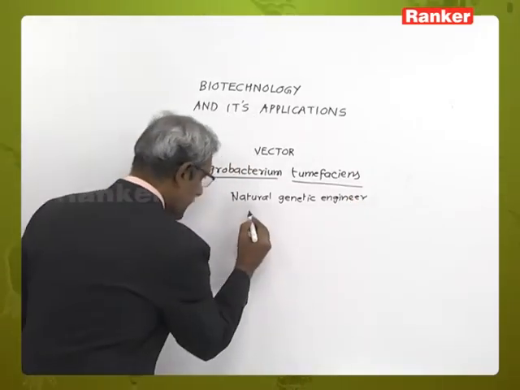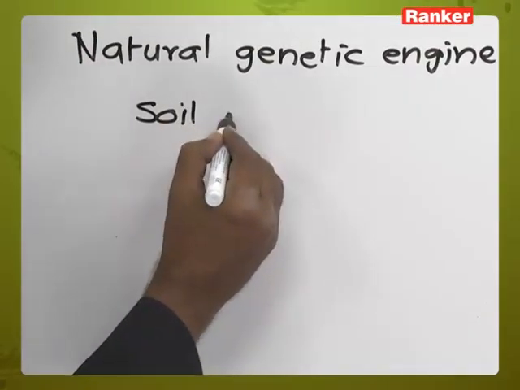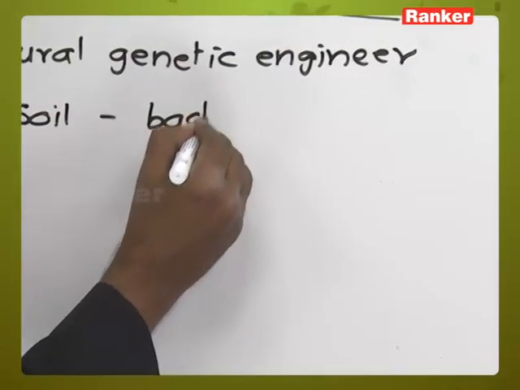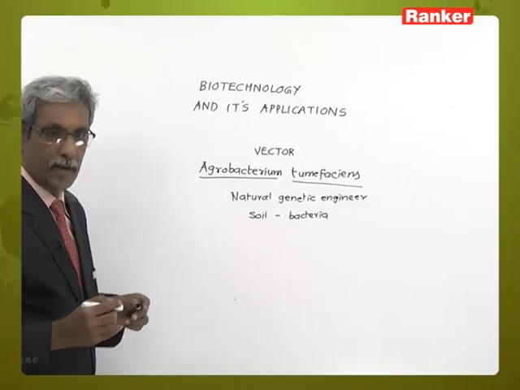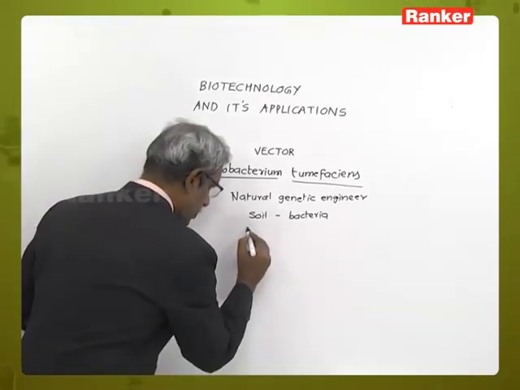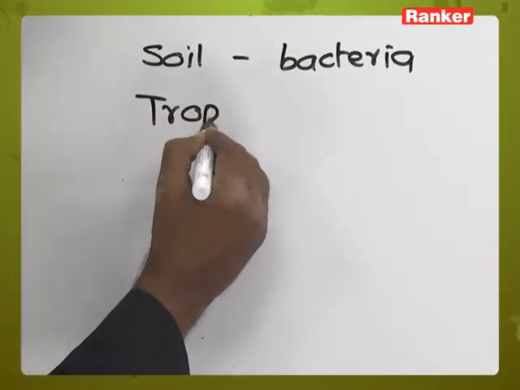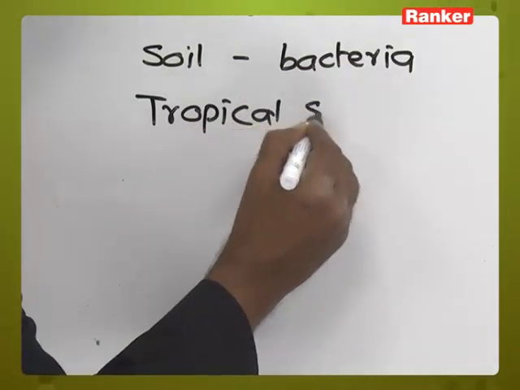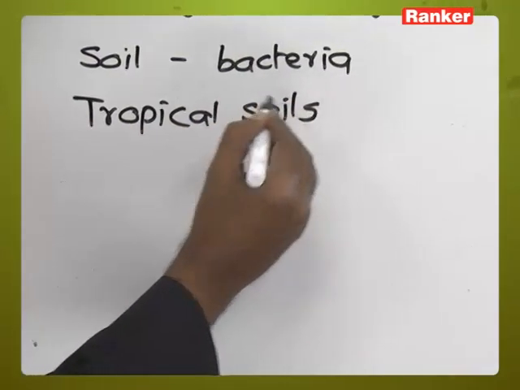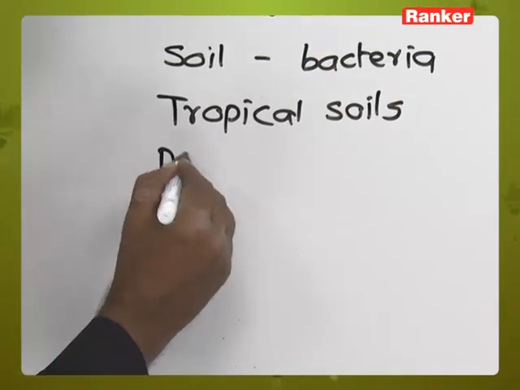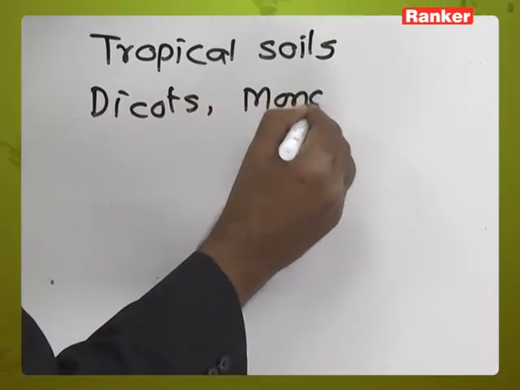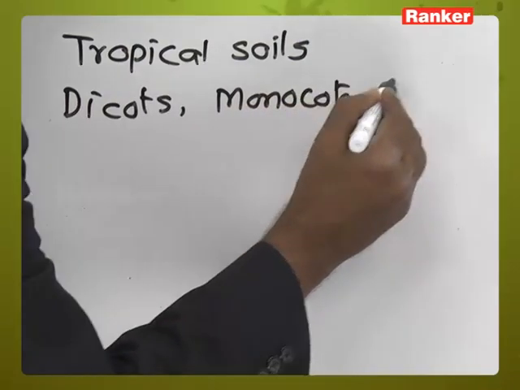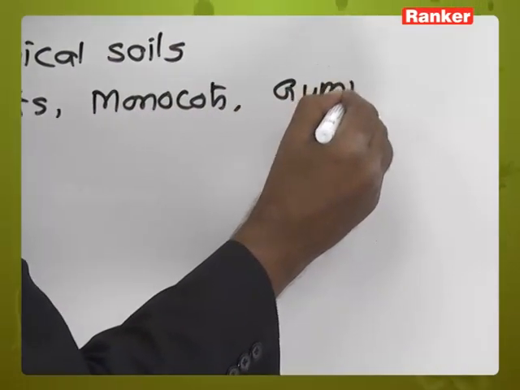It is a soil negative bacteria which is grown in tropical soils, associated with the roots of dicots, monocots and gymnosperms.